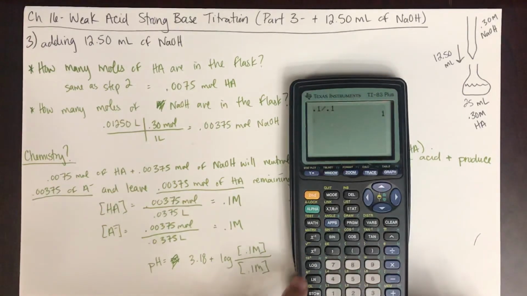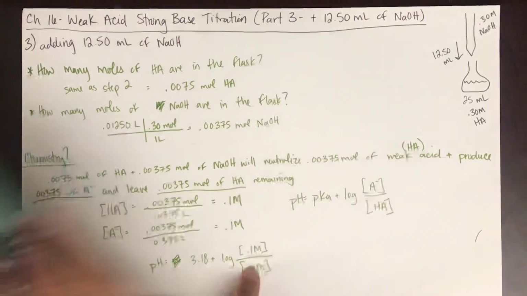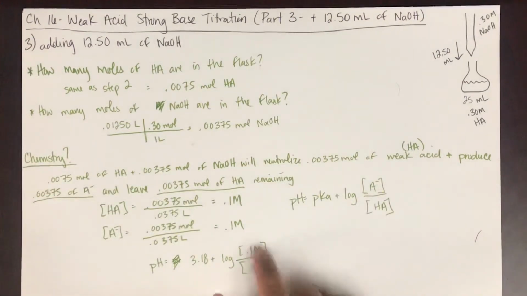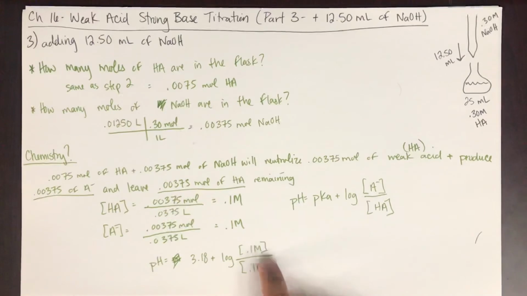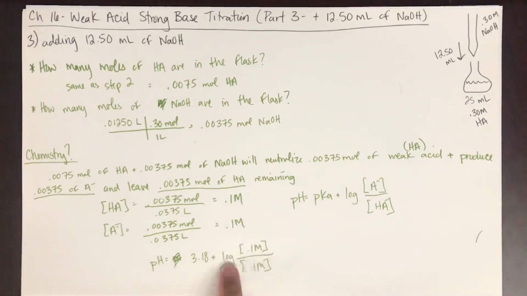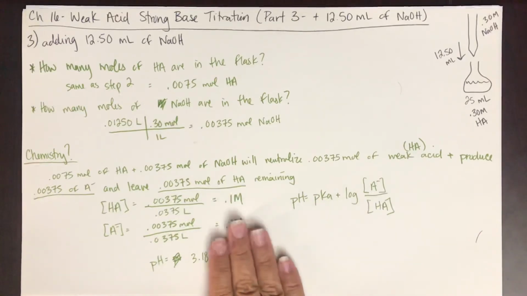And now what is the log of 1? 0. So anytime you have a buffer that has equal concentrations of acid and base, it makes this whole term go away, because as long as the concentrations are the same, the ratio is 1, and the log of 1 is 0. So the pH just equals the pKa.